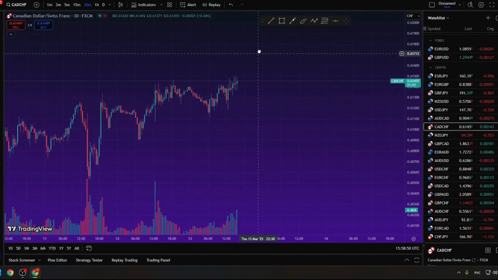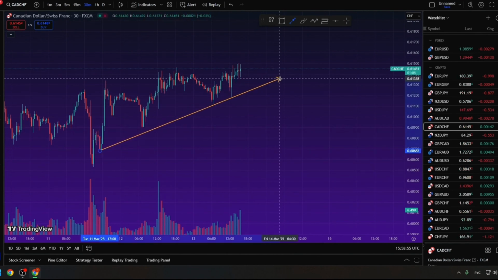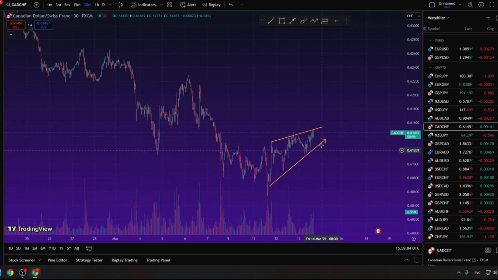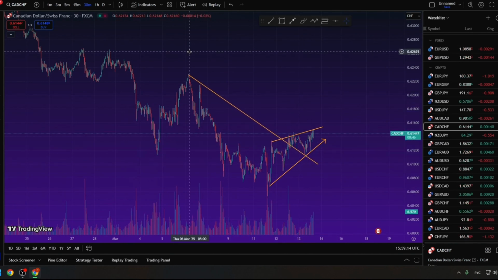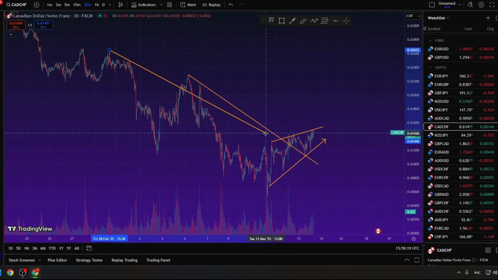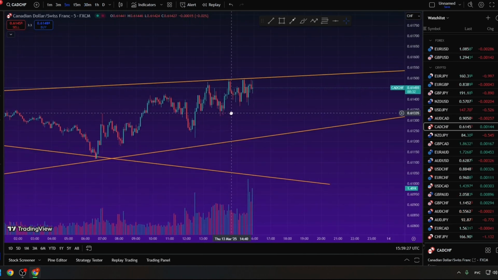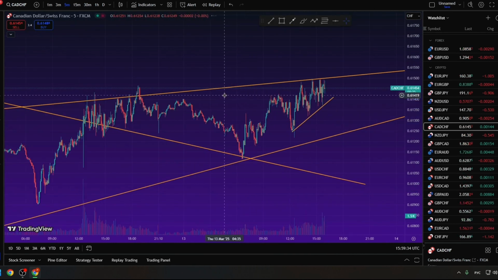I could try opening a position on a currency pair, Canadian dollar to Swiss franc. I'll mark the strong support and resistance levels on the 30-minute time frame. Then, on the 5-minute time frame, I'll mark the level that I expect the price to move towards, as well as the level from which it will likely bounce back.